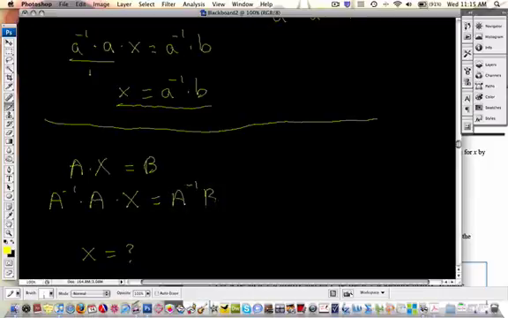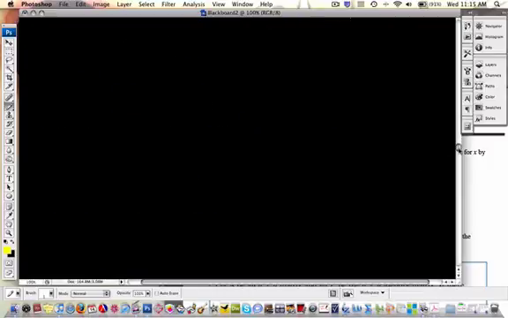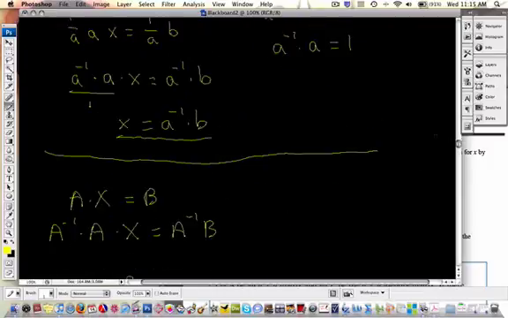And just like a to the negative 1 times a equals 1, here we've got A inverse times A equals not 1, but the matrix equivalent of 1, which is the identity matrix. An identity matrix, again, is a matrix that when you multiply it times another matrix, you just get the original matrix back.